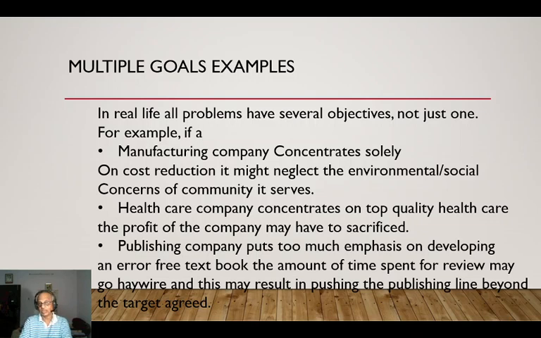Suppose you are working in a publishing company, and you put too much emphasis on developing an error-free textbook, the time spent for review may go haywire, and this may push the publishing date beyond the target date agreed upon. So I've given three examples. There are hundreds of examples where you can utilize goal programming.